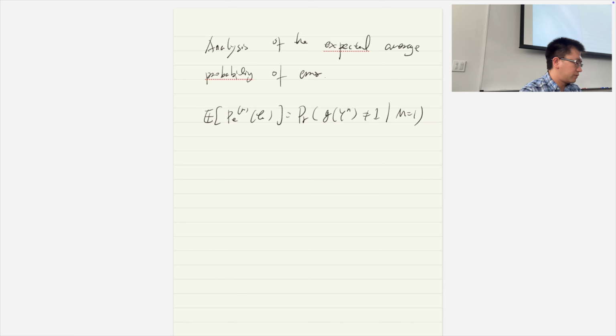Now we need to define what the error event is. We let E be the conditional error event.